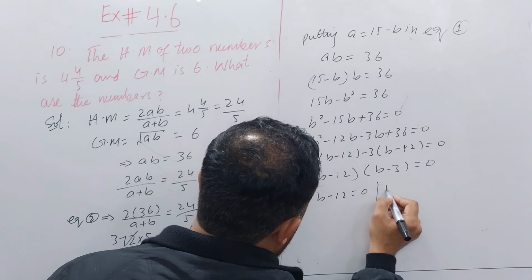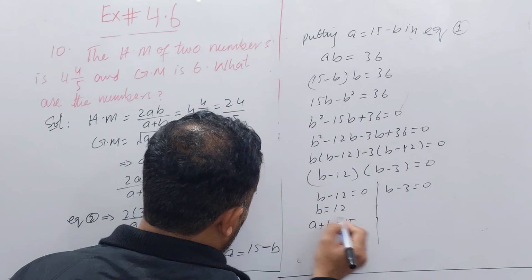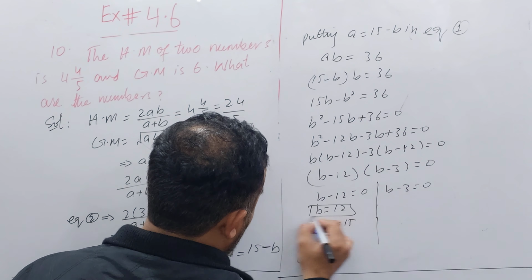If b minus 12 is equal to 0, then b is equal to 12, and putting that b in this equation or in this equation will give a. a plus b is 15, right? So if b is 12, then a plus 12 is equal to 15, then a is equal to 3.